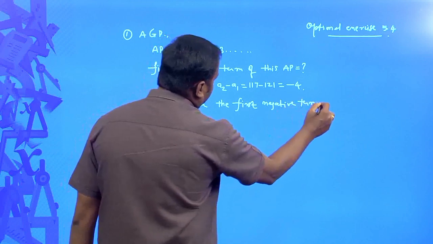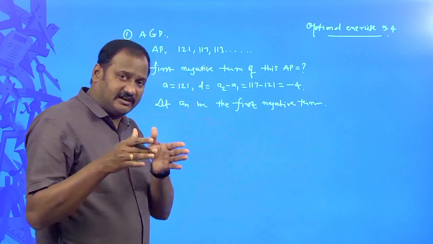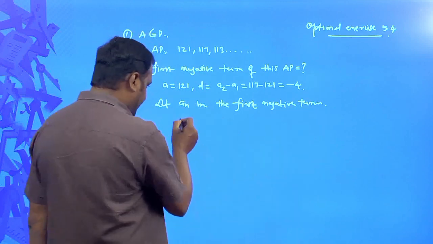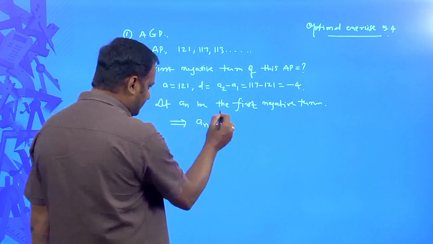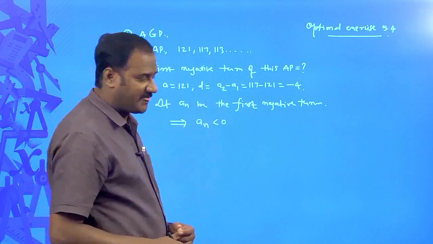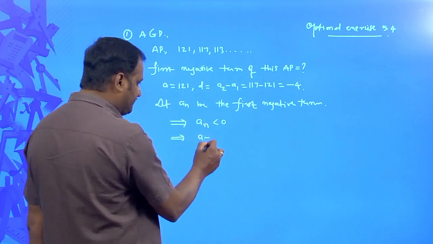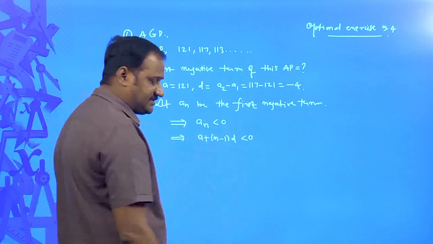Generally, what are negative numbers? Negative numbers are numbers less than 0. So, according to this my AN is the first negative number, so AN is less than 0. Then I will substitute the formula for AN, that is A plus n minus 1 times D less than 0.